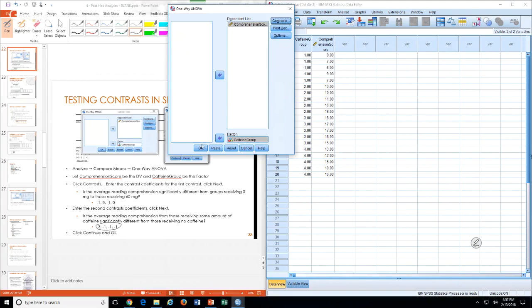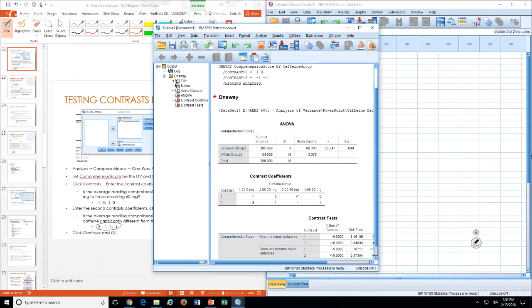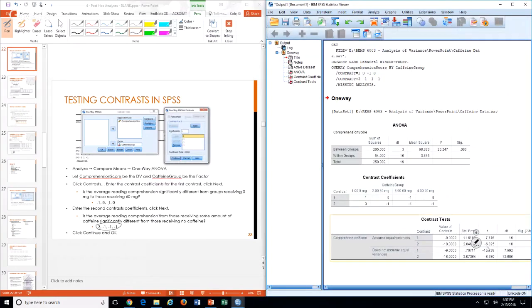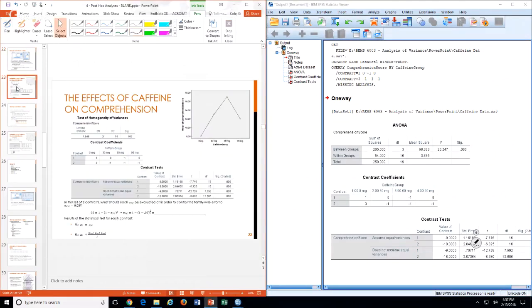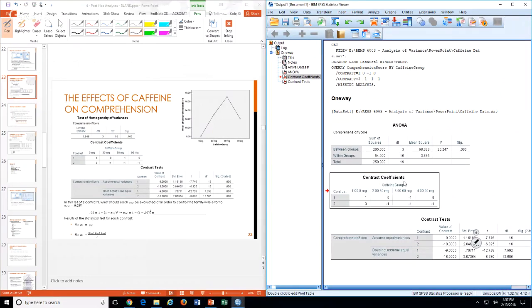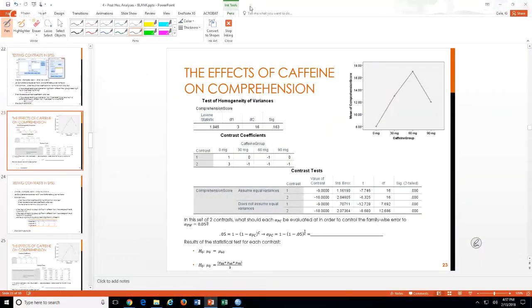Okay. So if you click OK, now we get output that still has the ANOVA table. The ANOVA table did not change at all. But we also get the contrast coefficients table that we just entered, and we get the contrast tests. Did everyone get those 2 outputs? Okay, so I'll talk about them on this slide here.